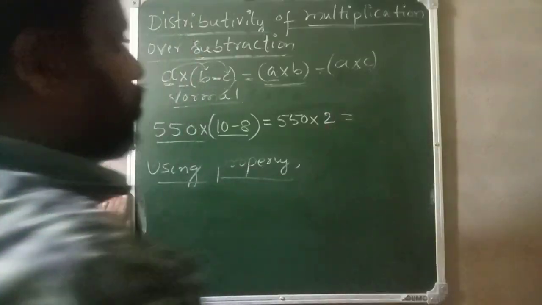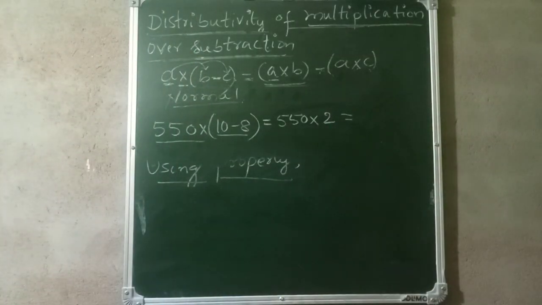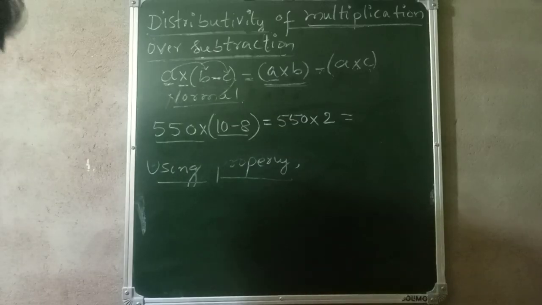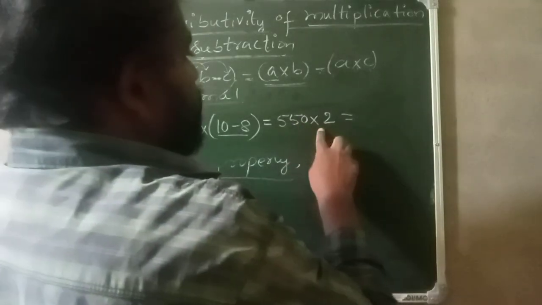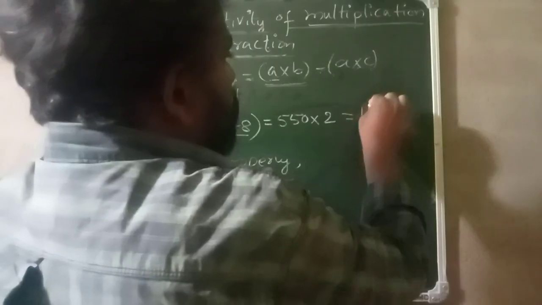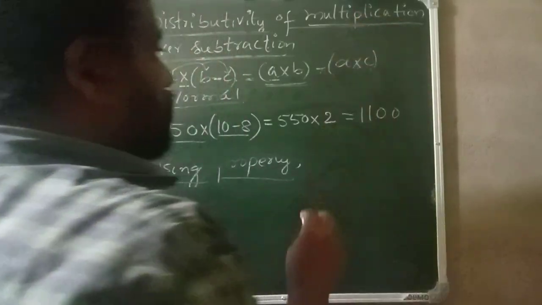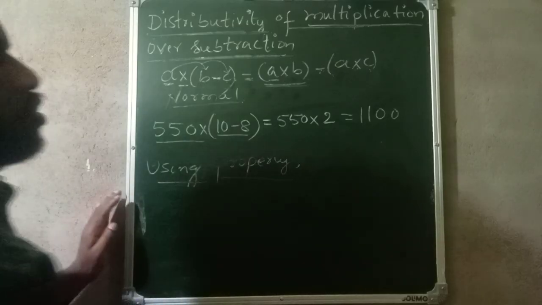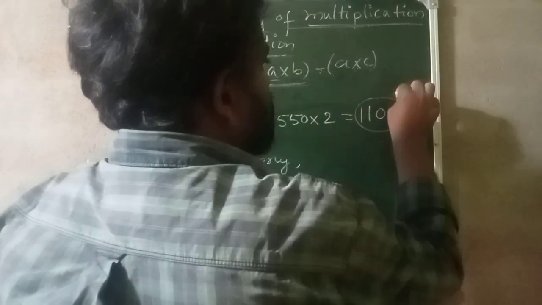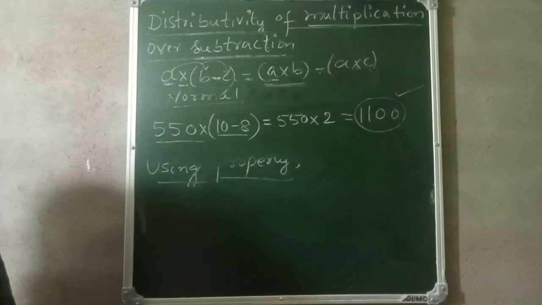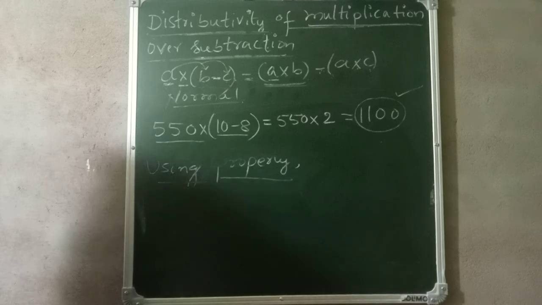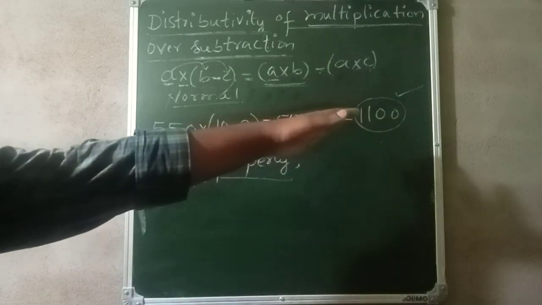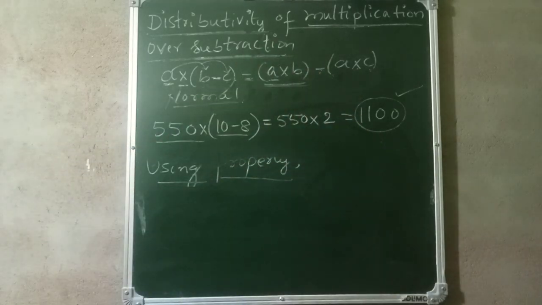So this is equal to 550 into 2. How much? 1100. Correct? So 1100 is the answer we got through normal multiplication.